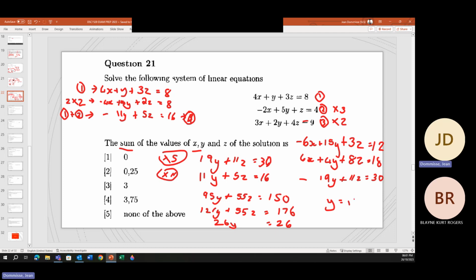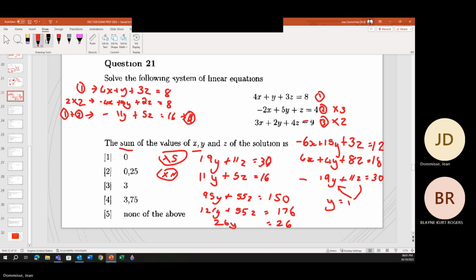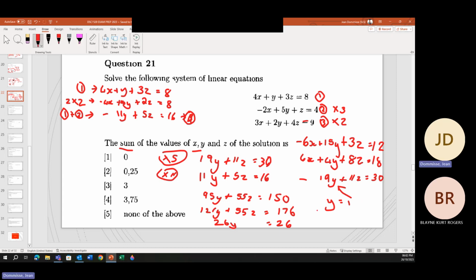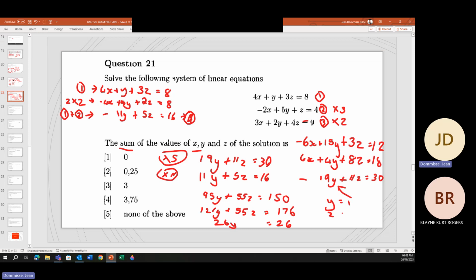If I put y back into this one, I get that z is also equal to 1, because that will be 19. We'll take that over to that side, so 11z will be equal to 11, so z will be equal to 1.